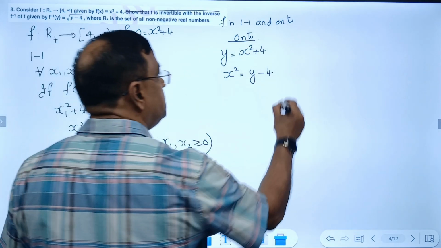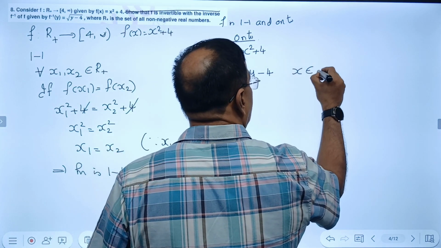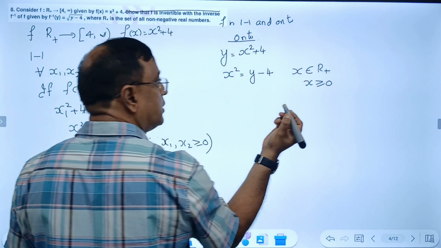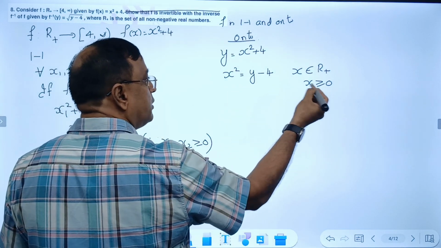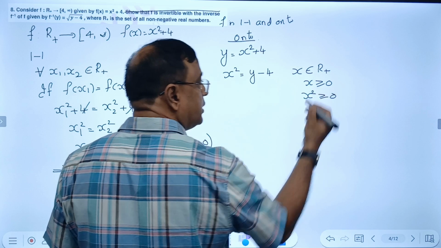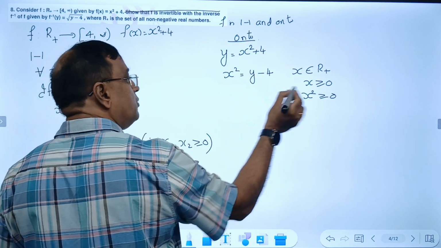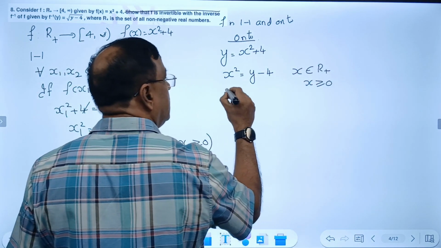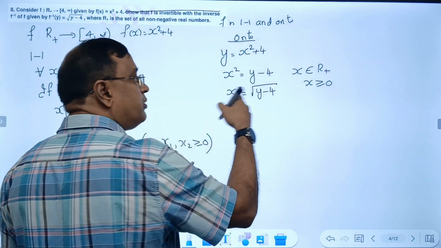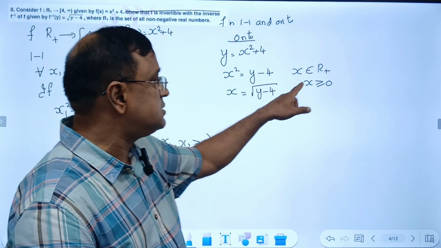And since x belongs to R plus, definitely x is greater than or equal to 0. So when x is greater than or equal to 0, x square will also be greater than or equal to 0, correct? Or if you want, you can write x is equal to root of y minus 4. I am not writing plus or minus because x is positive.